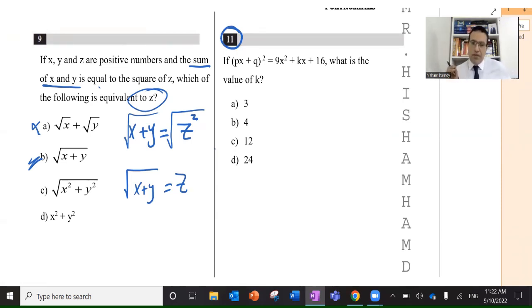And this kind of question is very important because it came more than one time into the SAT questions. (px plus q) to the power of 2 is equal to 9x squared plus kx plus 16.